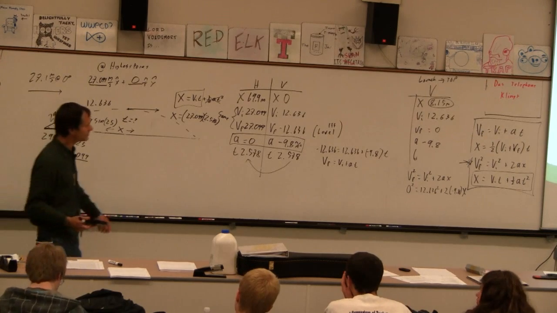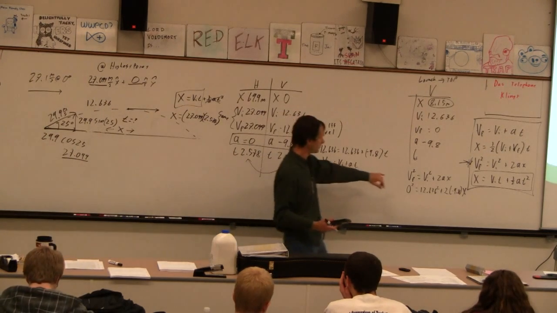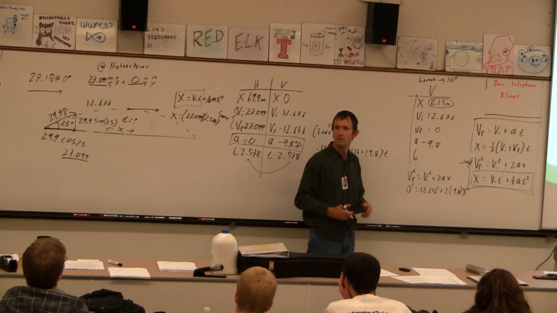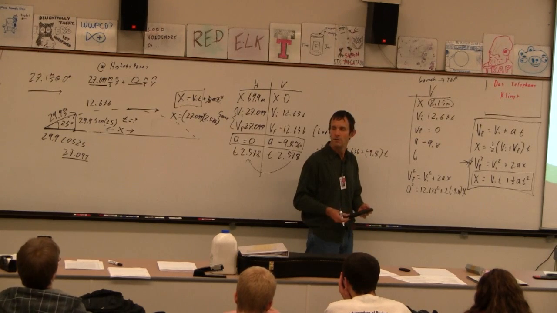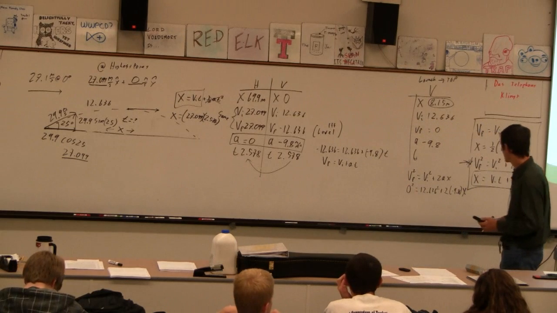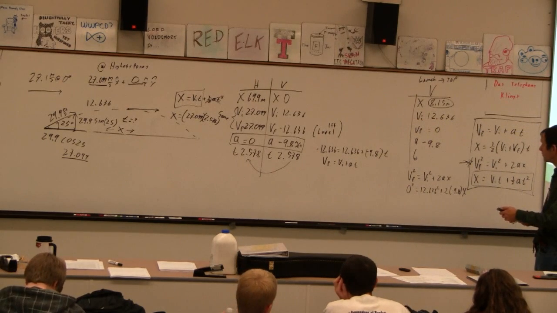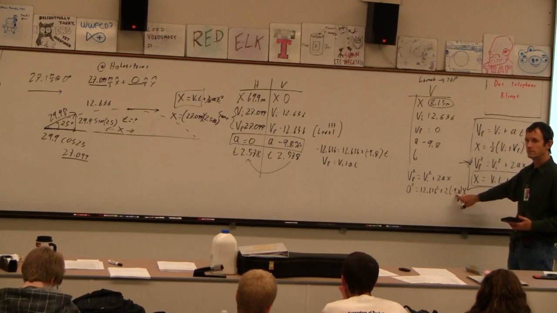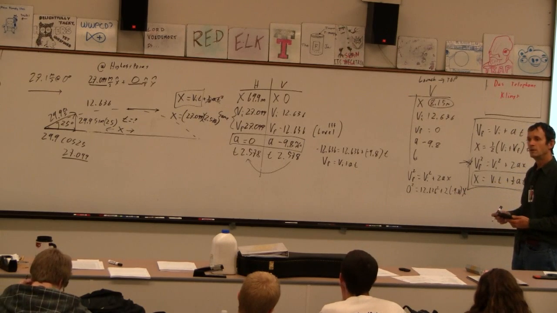Oh, I did this. I used VF squared is VI squared plus 2AX. Did anybody else get 8.14? Yeah? You got something different? 12.636. Then you divide that by 2 and by 9.8.